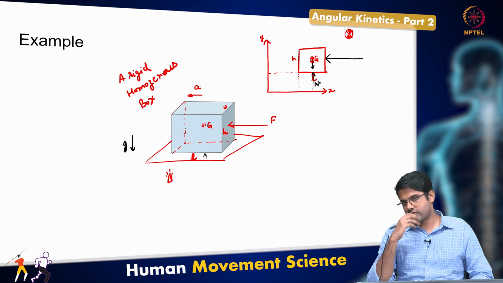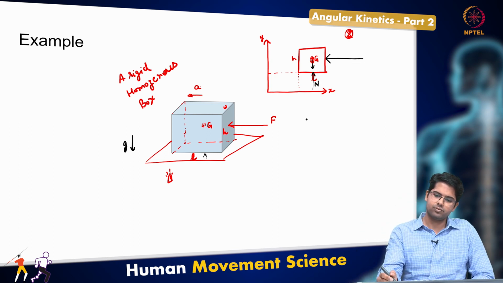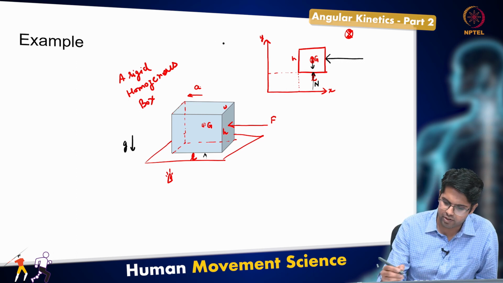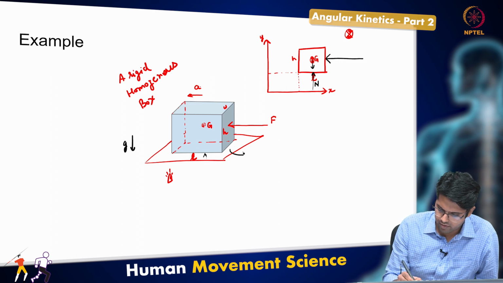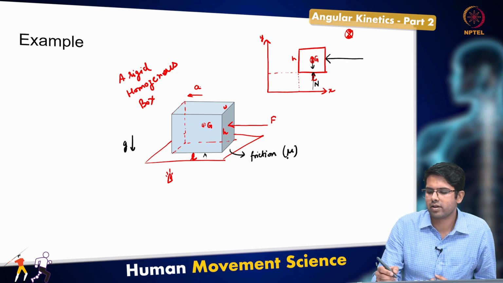And assuming there is no friction, right? So, and let's say there is some friction from the surface, right? So let's define a coefficient of friction, right?